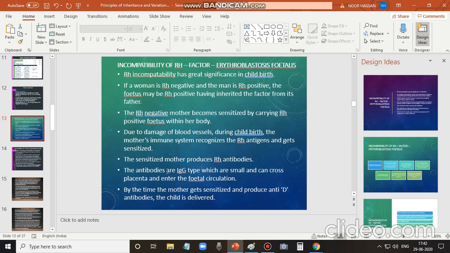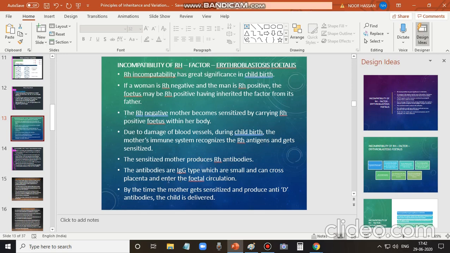The sensitized mother produces RH antibodies. Antibodies are produced in response to antigens, and it is called antigen antibody reaction. Whenever antigens enter the body, immediately our immune system produces antibodies. So this is what is happening in this case also. The mother's body produces RH antibodies in response to the RH antigen of the fetus.